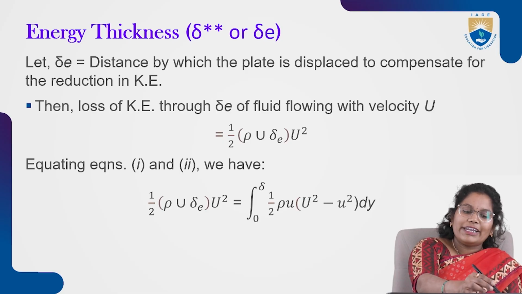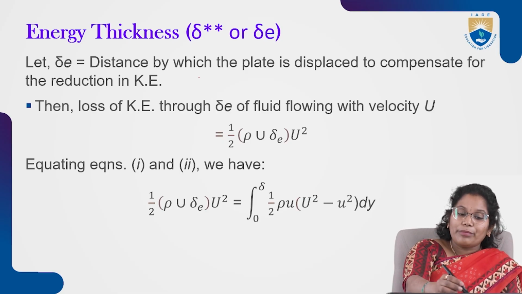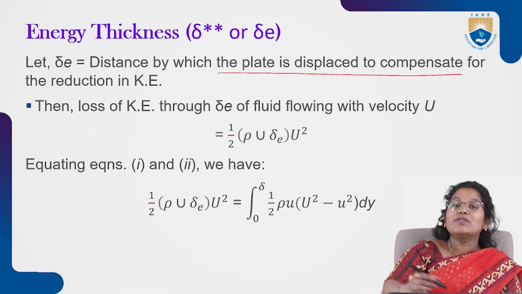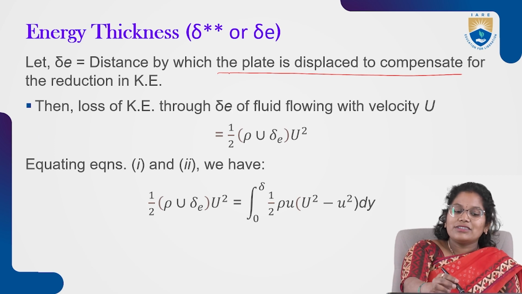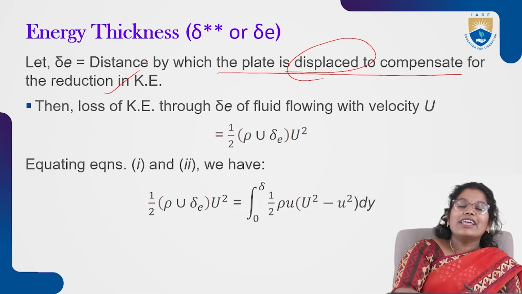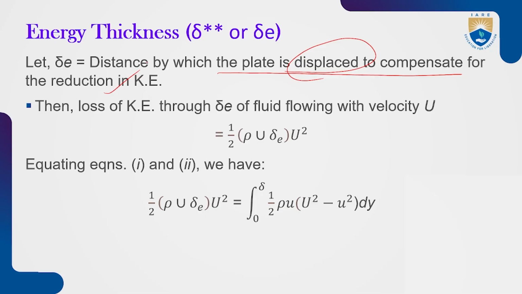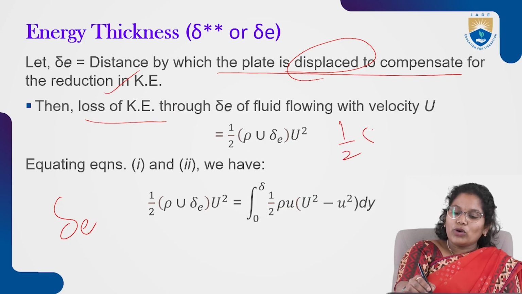Here delta E is the distance by which the plate is displaced to compensate for the reduction in kinetic energy. So the total loss of kinetic energy is half rho u delta E into capital U square.